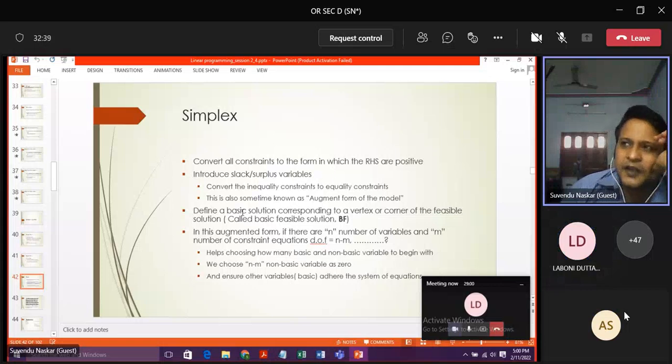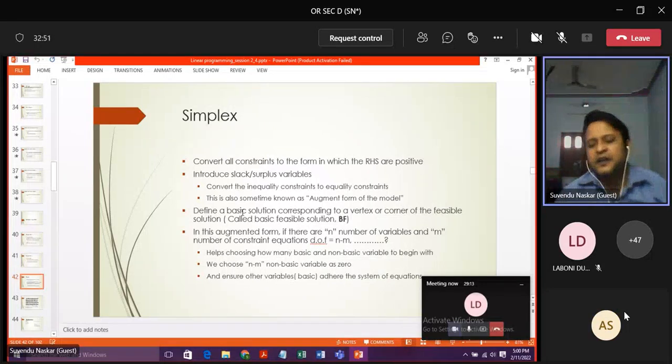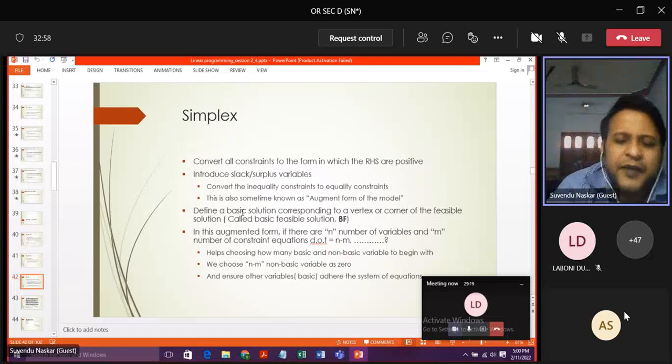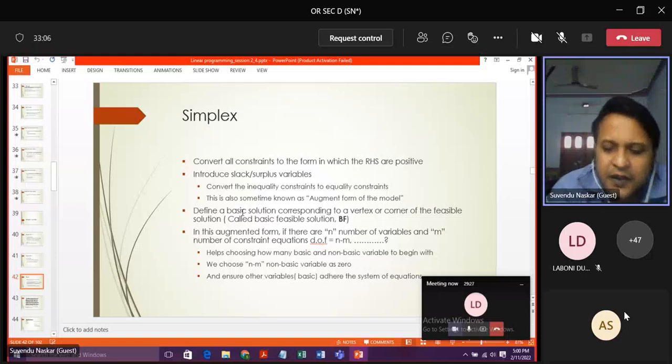I'll come again. If you are choosing a CPF and then going to an adjacent one based on the logic that wherever there is the maximum rate of increase of Z you go there, and eventually there is another adjacent point with a better Z value, then that means your Z calculation or delta Z calculation is wrong.